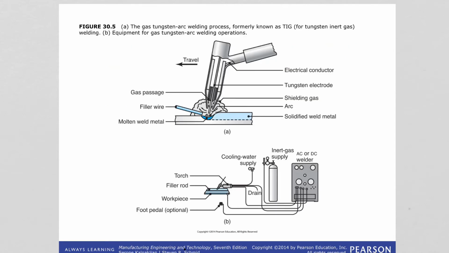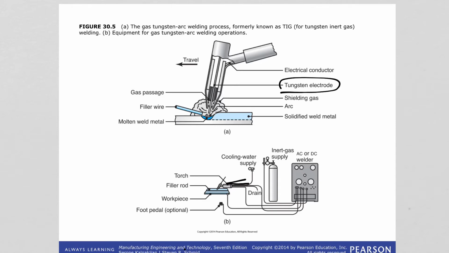In this figure, we are seeing this process and the general setup. Here you see we have the tungsten electrode, and the gases are flowing through the electrode holder here.